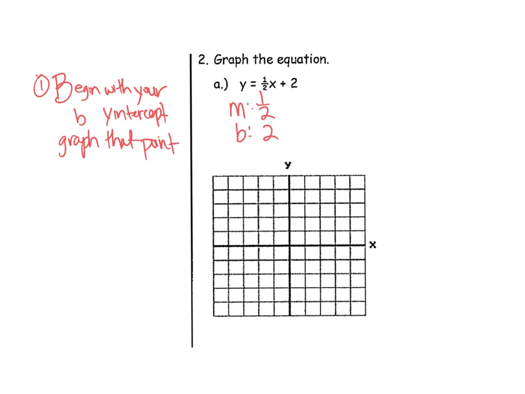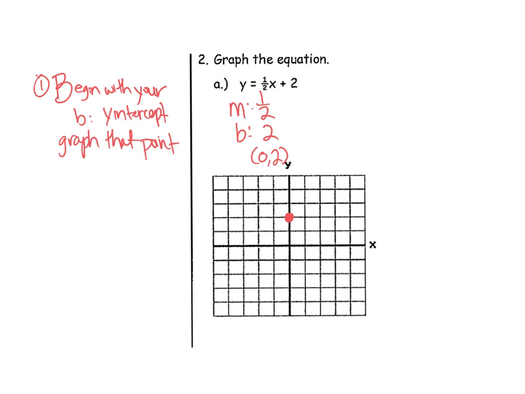Okay. So step 1. Begin with your b, your y-intercept. Graph that point. What's the point that the b is? 0, 2, right? So on your graph, go to 2. It's your y-intercept. It's on the y-axis. It will always be on the y-axis because it's my y-intercept. It's where my line intersects.